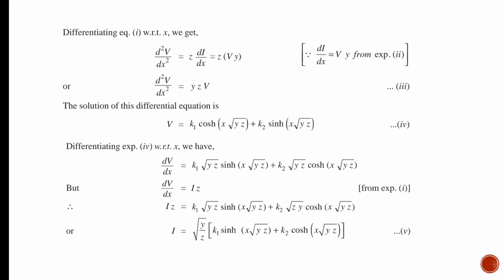So we replace it as Iz equal to k1 root of yz sinh and so on. Taking z as common, the final expression is I equal to root of y by z into k1 sinh of x root of yz plus k2 cosh of x root of yz.